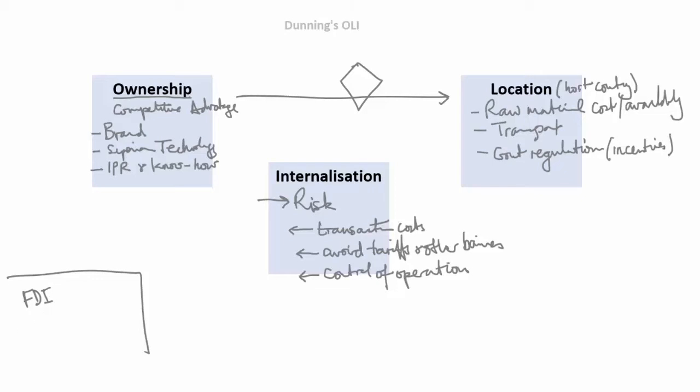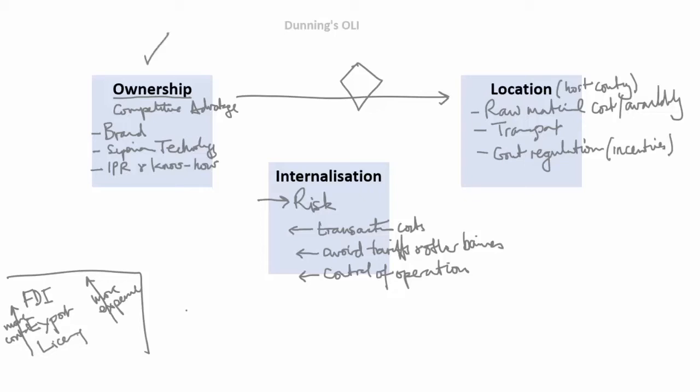We also then have the choice of whether we export. And finally, licensing. You can see that as we go from licensing to FDI, we gain more control. It is also more expensive, and so the choices need to be made very carefully. And Dunning helps us in that.